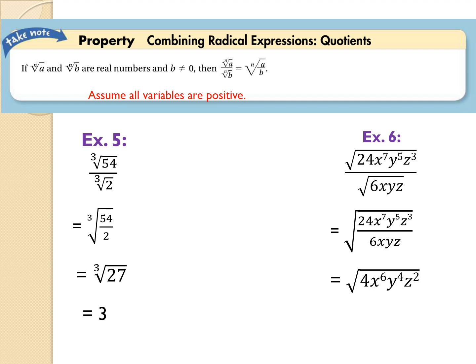What times itself would give me x to the 6th? X to the 3rd, right? Because 6 divided by 2 is 3. Same with y and same with z. So the square root of 4 was 2. The square root of x to the 6th was x cubed, because x cubed times x cubed. The square root of y to the 4th was y squared, because y squared times y squared. And the square root of z squared is z.